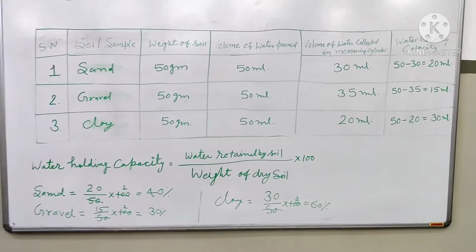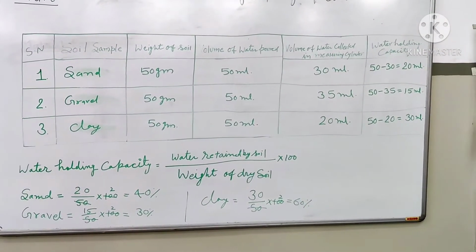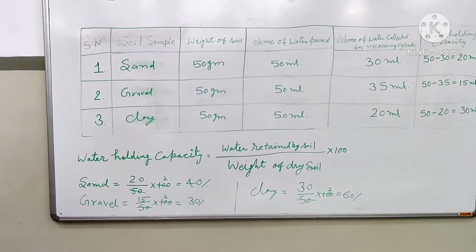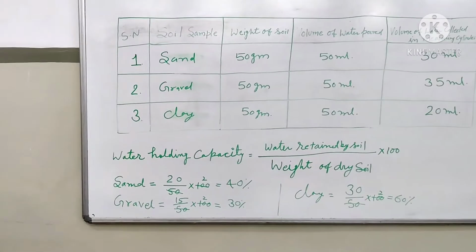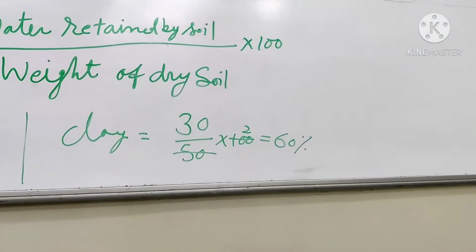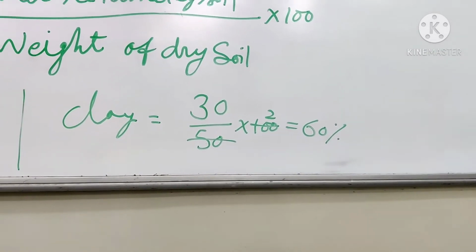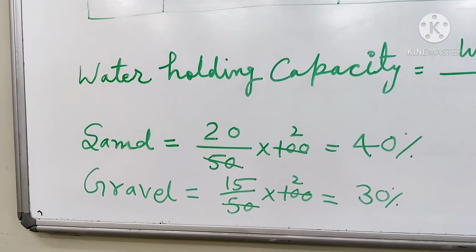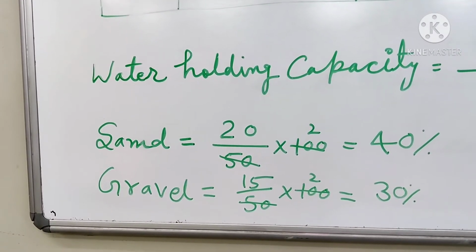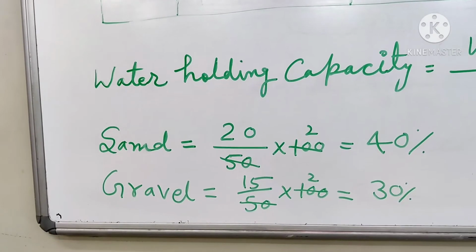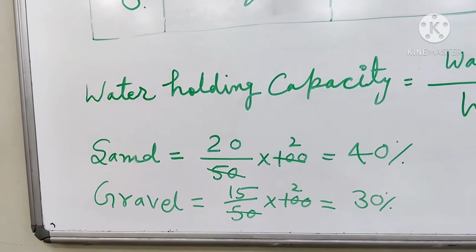So by this you can understand that the maximum water holding capacity is of the clay soil, which is 60%. And then the sand has a water holding capacity of 40%, and the gravel has 30% water holding capacity.